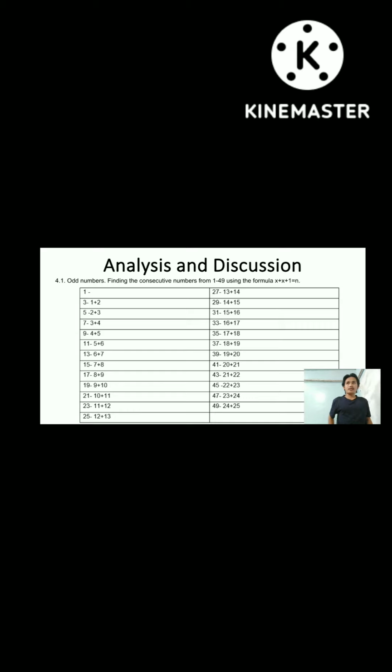As you can see, we separated the even and the odd consecutive numbers just to clarify whether it is possible to express counting numbers by adding 2 or more consecutive counting numbers.